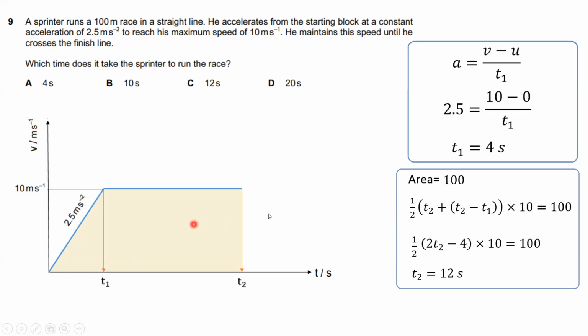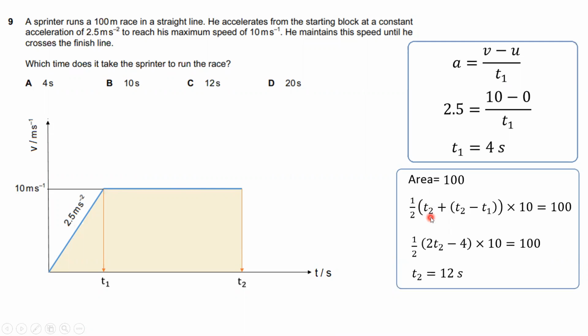The area of a trapezium is half into height into the sum of the parallel sides. In this case, half, and the parallel sides are T2 plus this part, which is T2 minus T1.